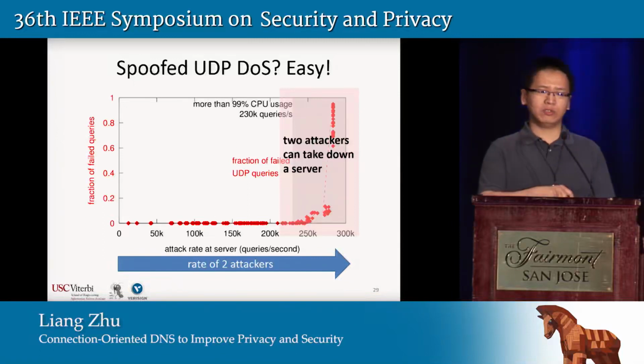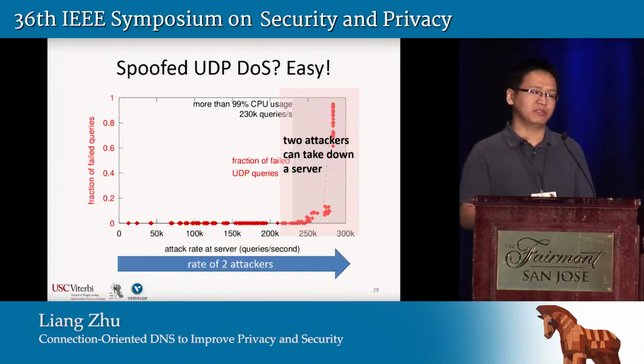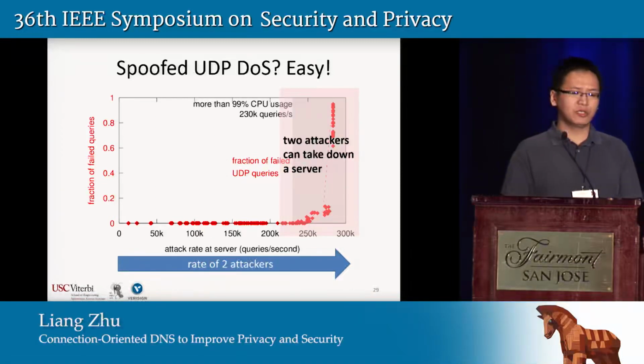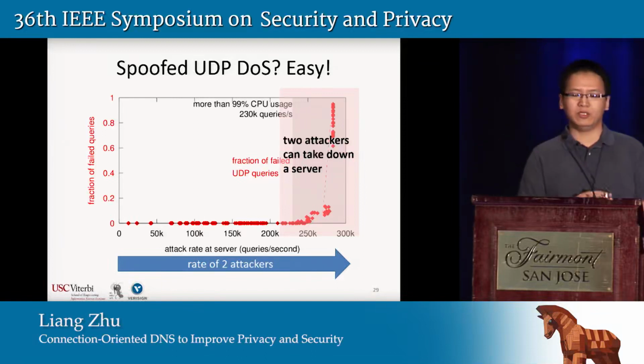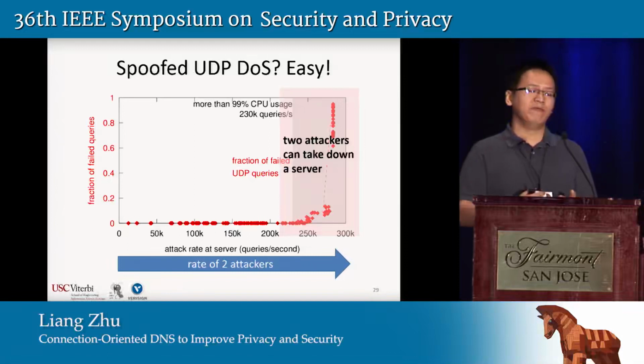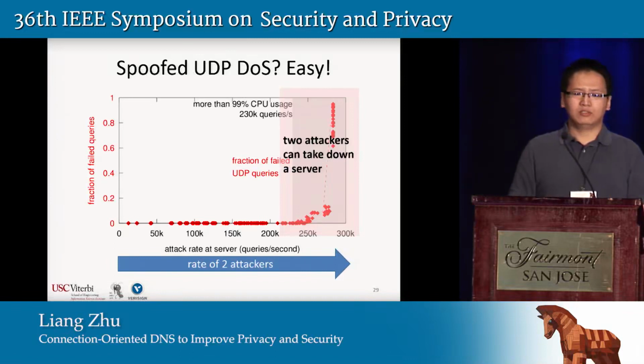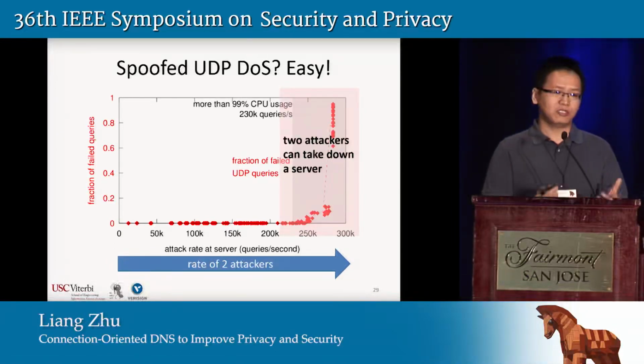Also, we only use 2 attackers to actually take down this server. So the key point here is that it's very easy to do the spoofed UDP attack, and it also forces you to add more and more capacity. So actually, it is bad.